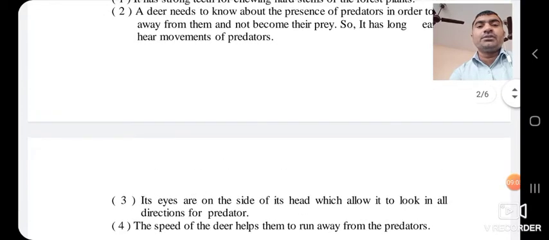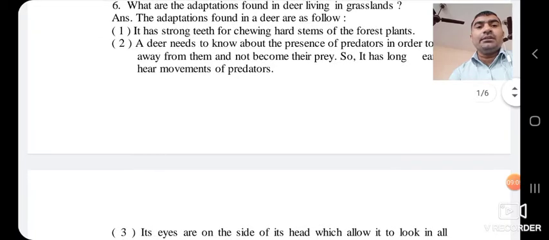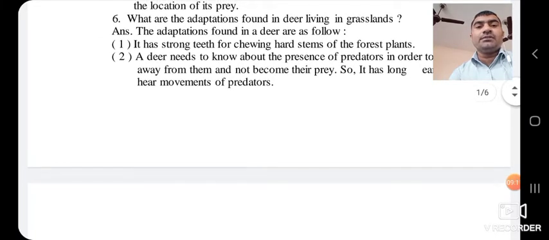So these are the features which help it survive in grassland. Which are the features we have seen?